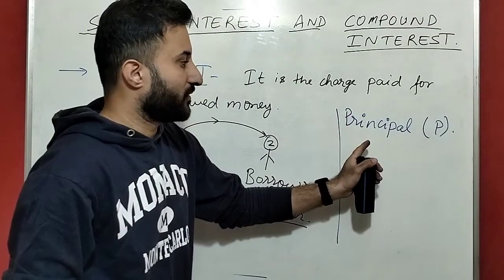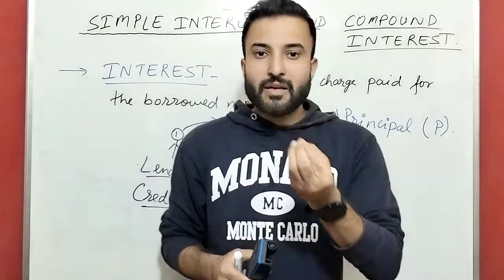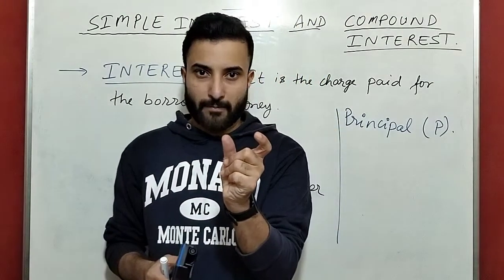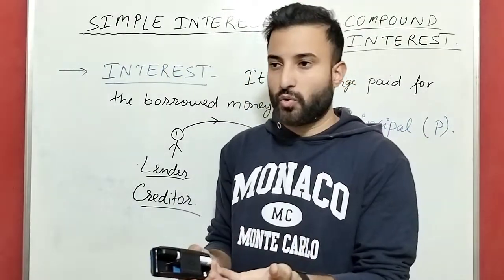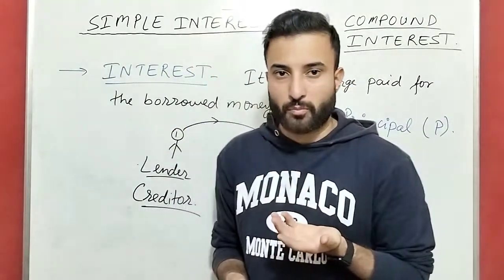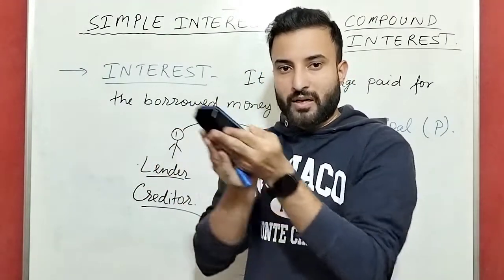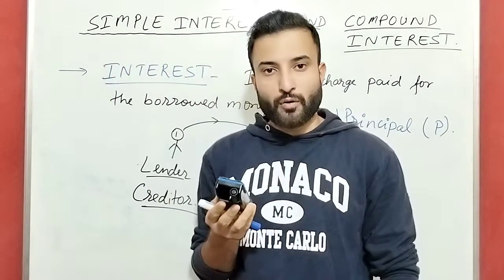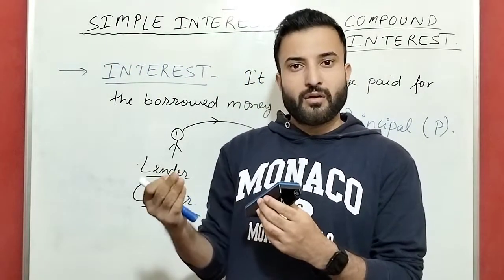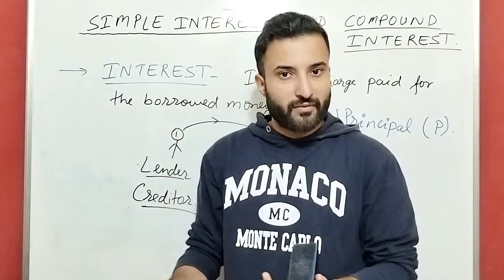that is the principal. Second, we take the money for a limited period of time. As I told you, I went to the bank, I wanted 2 lakh rupees, and the bank gave me the 2 lakh rupees. The amount I took from the bank is the principal P. I will take the amount and say some period, like after 2 years I will return, or after 3 years I will return.